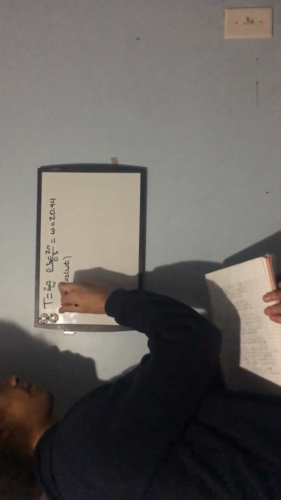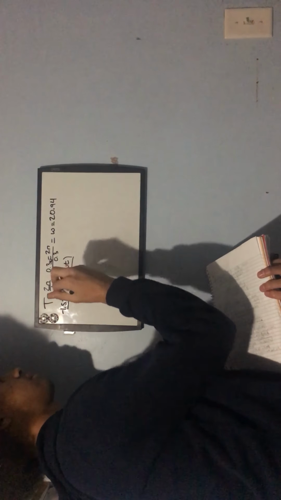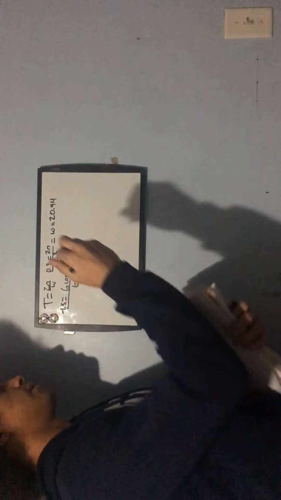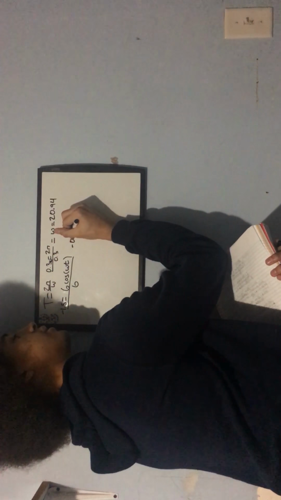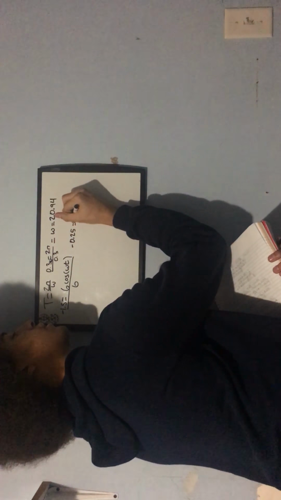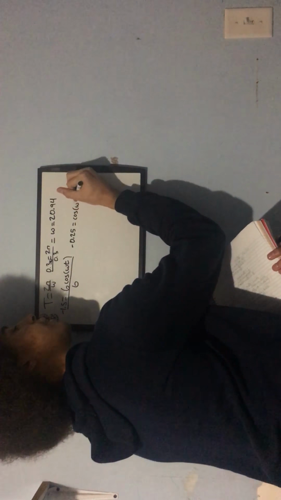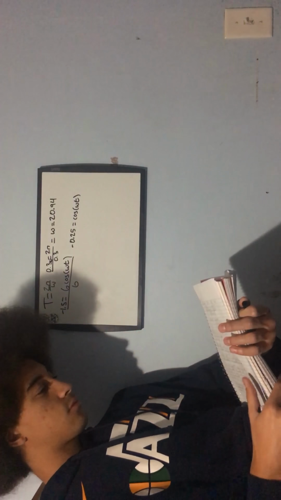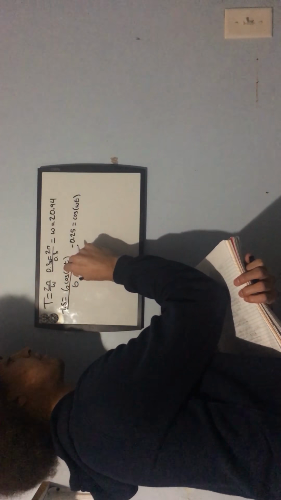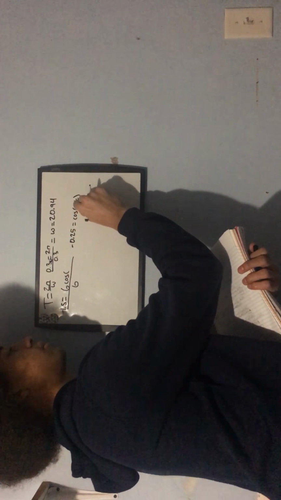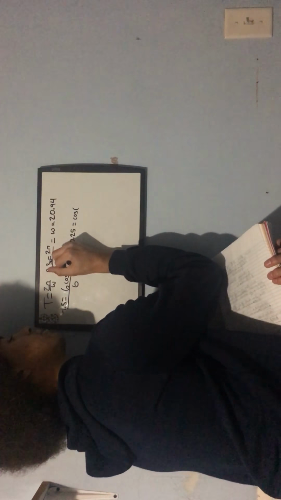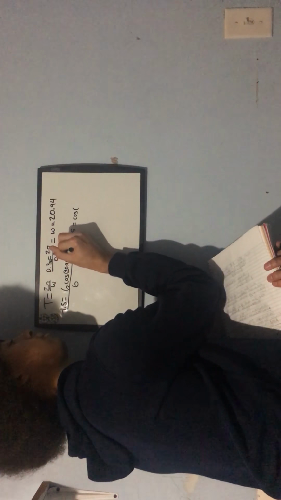So then we divide by 6, and we'll get negative 0.25 equals cosine of omega t. And we know omega is 20.94.